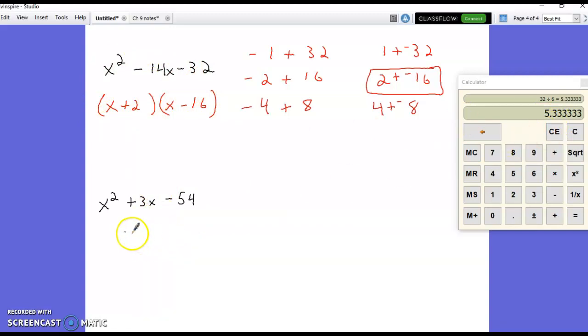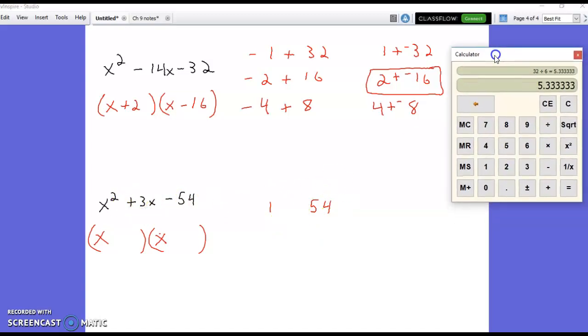All right, the last example. Again, I do my x's. I'm going to list my 54. Since it's negative, it can be a positive or a negative. So I might have to list it twice, and you might visually have to see it before you decide. So 1 and 54. Remember, we're looking for a combination of 3. So these are pretty far apart, but I still get in the habit of listing all my factors. So does 2 work? 54 divided by 2, 2 and 27.